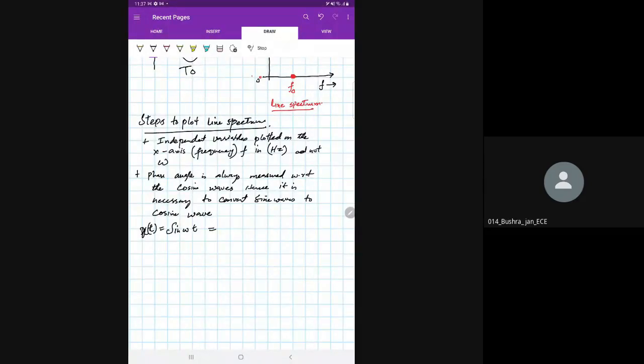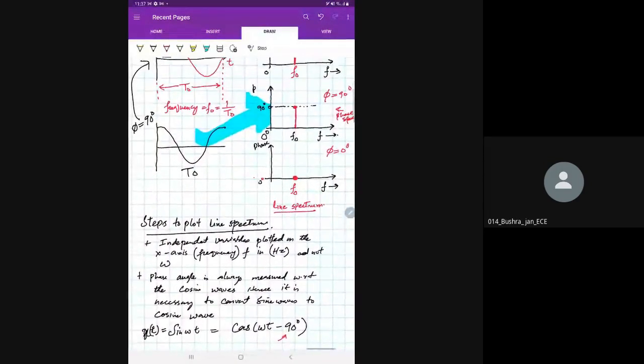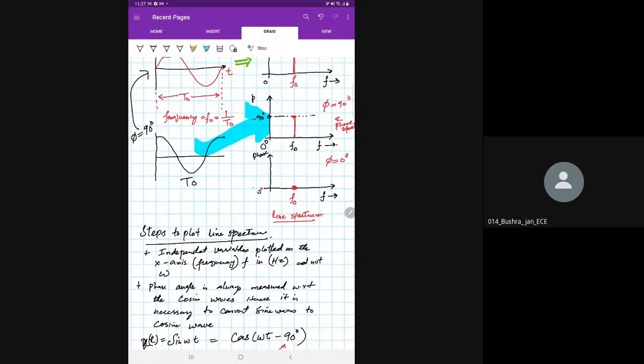In terms of cosine, we can write it down as cos of omega t minus 90 degree. Now see, you have a phase shift here, it is minus 90. So I should have written here minus 90.